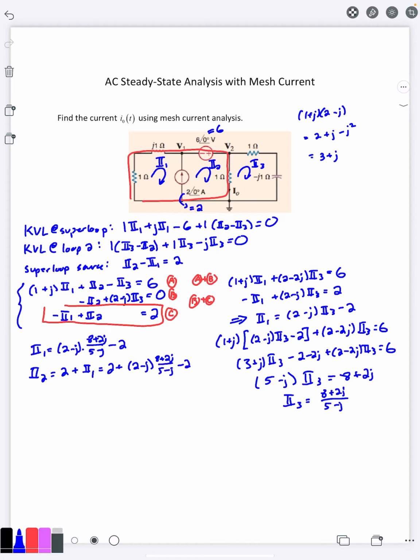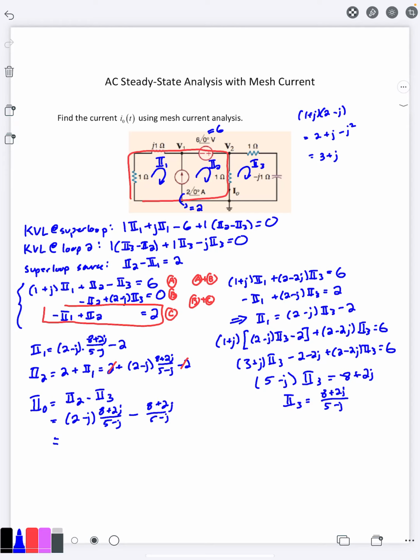And lastly, the thing I'm looking for is I0, which based on this is going to be I2 minus I3. Let's see here, on this I2, those 2's can cancel out, so I really have 2 minus j times 8 plus 2j over 5 minus j, that's I2, minus my I3, 8 plus 2j over 5 minus j. Now they do have a common factor there, and we can try to simplify it and do our work here, but what I'm going to choose to do is use my calculator.